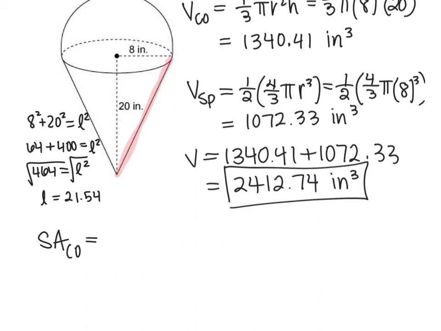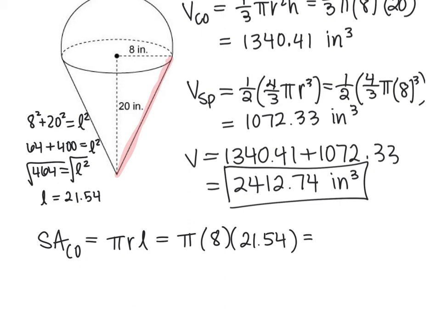So when we find the surface area of our cone, we don't want to include the circular base because it's inside our figure, and surface area can only account for area outside. So we're only going to use the part of the formula that's pi r L. So pi times our radius 8 times our slant height 21.54.